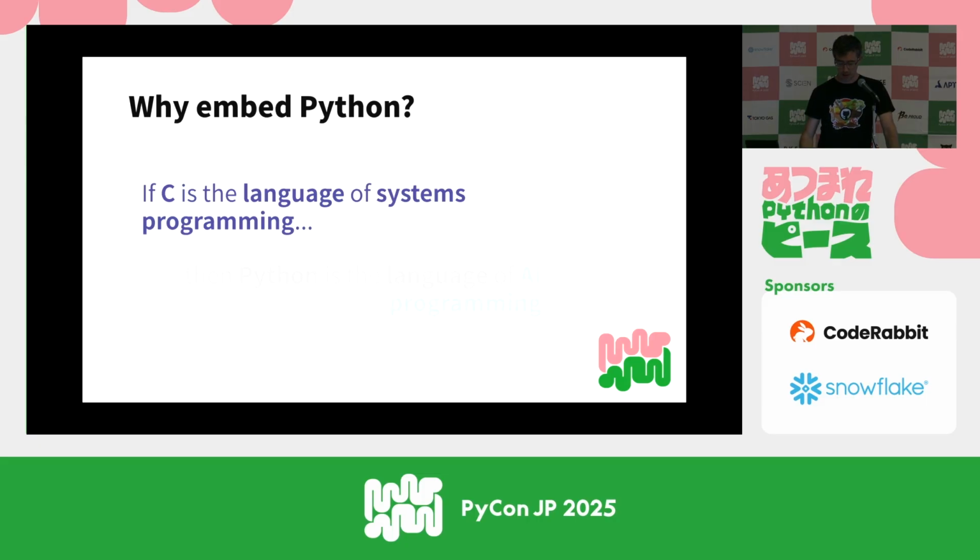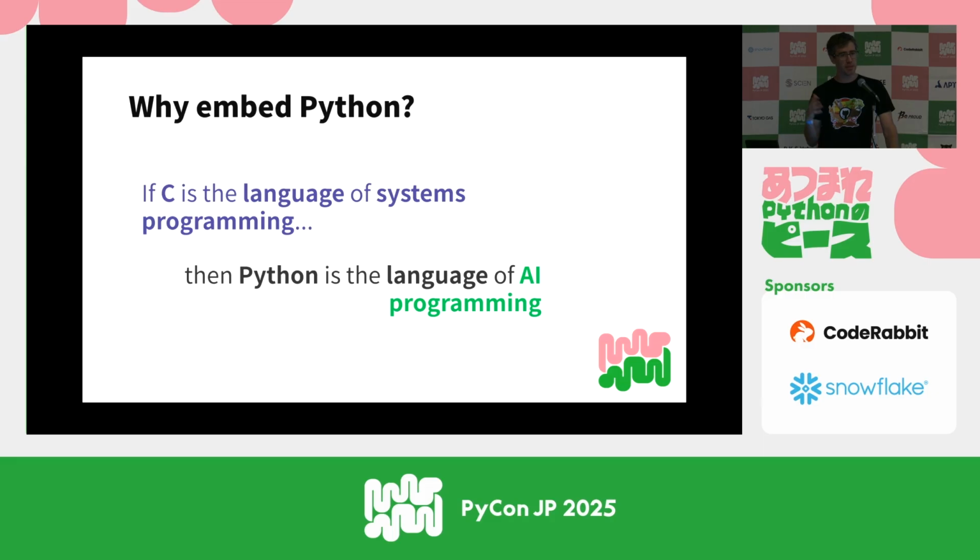Python, and this is my opinion, is now the language of AI programming. Like if you look at any library that's out there, any ecosystem, a 90% chance it's written in Python, or if it's not written in Python, it has a Python interface. If you look on the latest models, which are released like this week, if you go on Hugging Face and see what support they have, it's pretty much always Python. They start with Python and potentially add other platforms behind it.